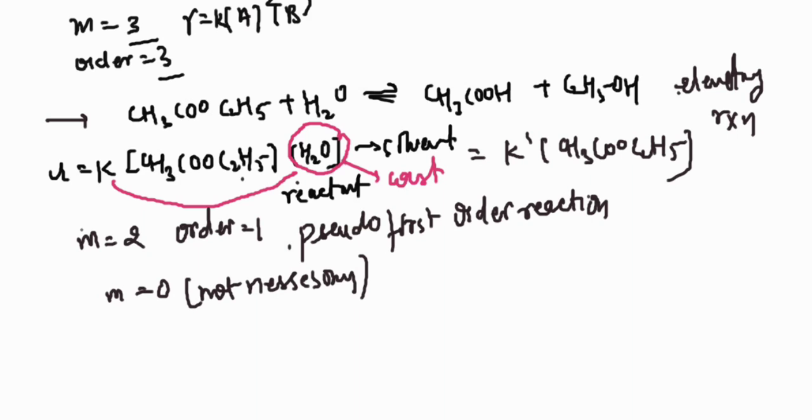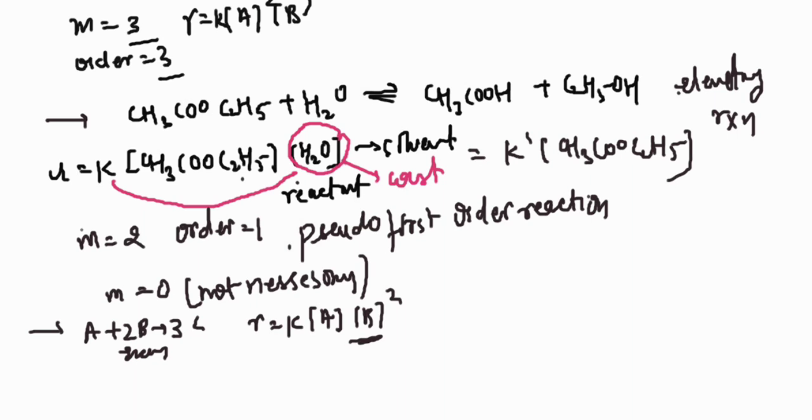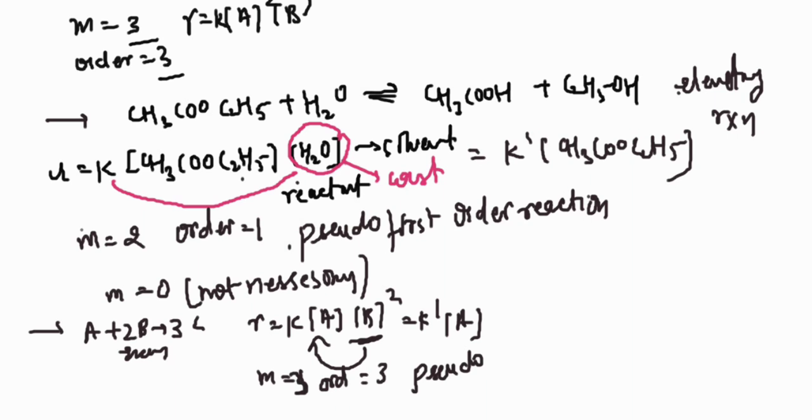If we take one more reaction, A plus 2B forming 3C, and B is given in excess. Again here the rate we will write as K A into B square. But we know B is a constant. Again this will form a new constant K dash into A. So here molecularity will be 3 and order will be 1.